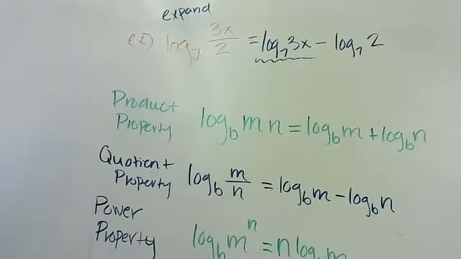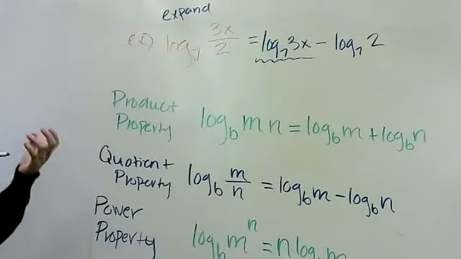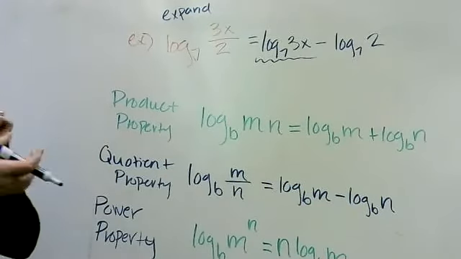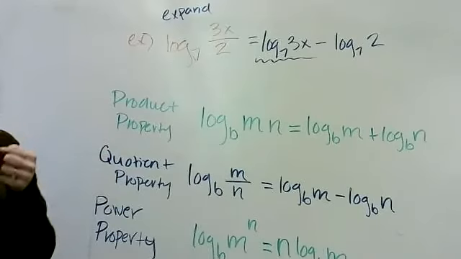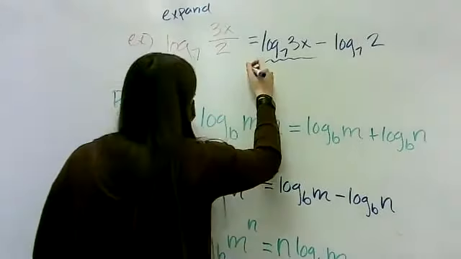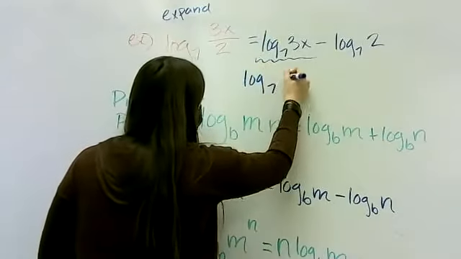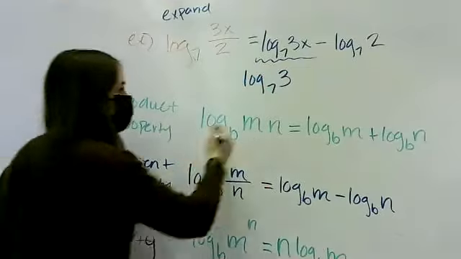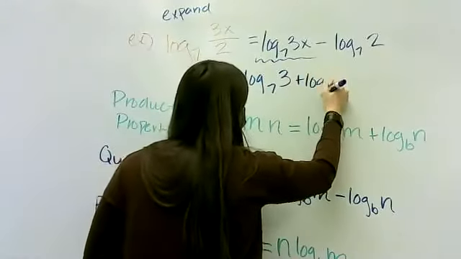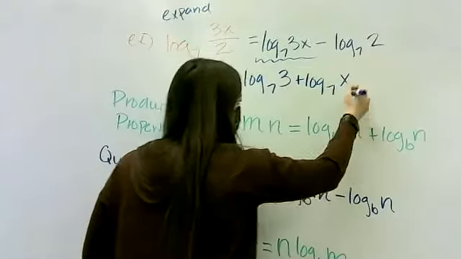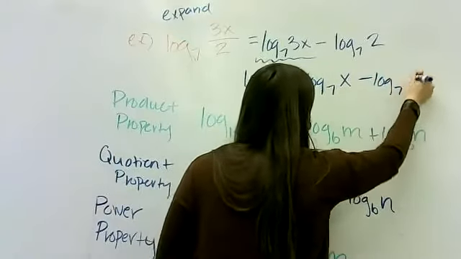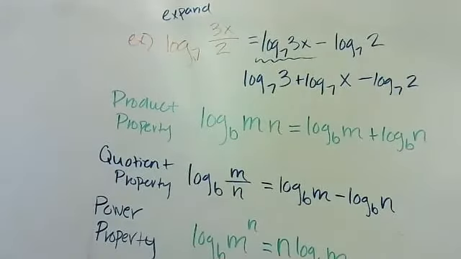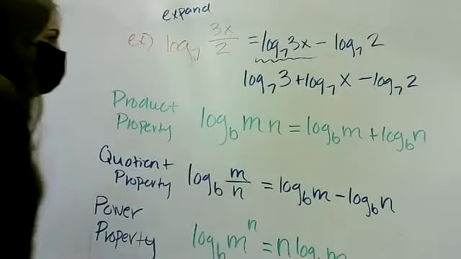I wanted to talk about it for that reason. When you have two variables multiplied together, like m and n, it's obvious, that's multiplication. But we don't always think about a number and a variable as multiplication together. So we will take log base 7 of 3 and add it to log base 7 of x. I still have to subtract off log base 7 of 2. It's a Monday.